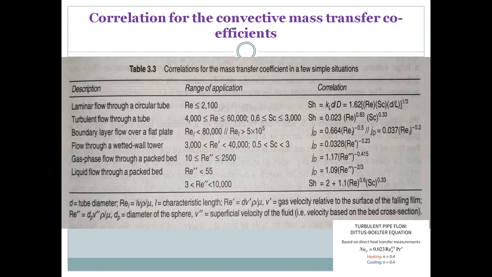Let's say you have calculated KC, but you need KG. You can calculate KC from the correlation, but you cannot calculate KG directly because the correlation is given for KC. So once you calculate KC, and for your problem you need KG, you convert KC into KG. Similarly, for the liquid phase, say you have calculated KL and now you need KX, then you convert according to this conversion.